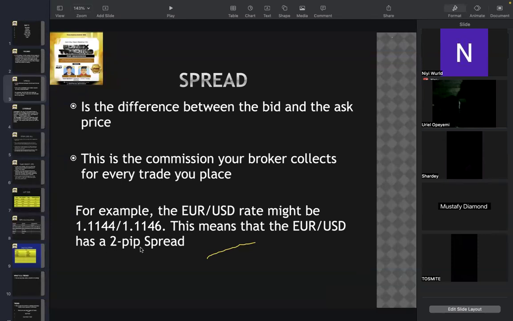Like when you enter, before you make your profit, that will be their own commission the broker took from you. Don't forget I said yesterday, they are like a middleman. So if you don't deposit, there is no way they can get a commission from you. If you don't place a trade, there is no way they can get a commission from you. So that is that about spread.